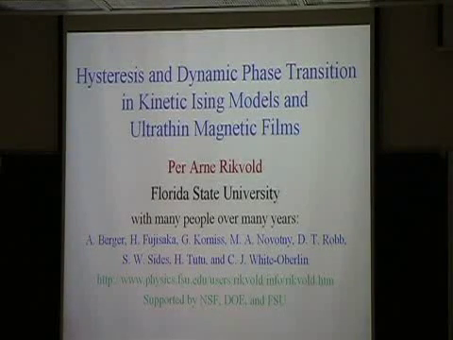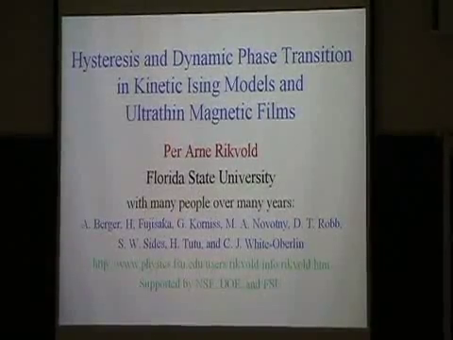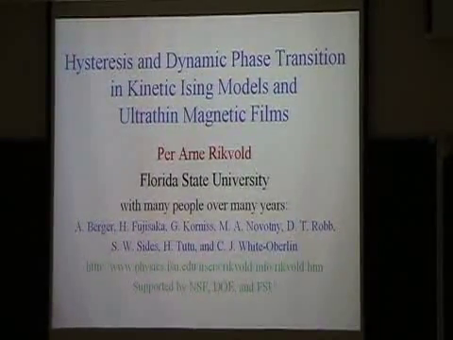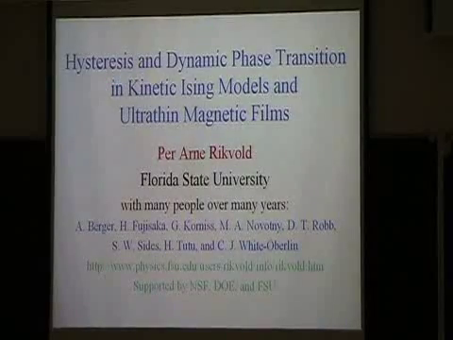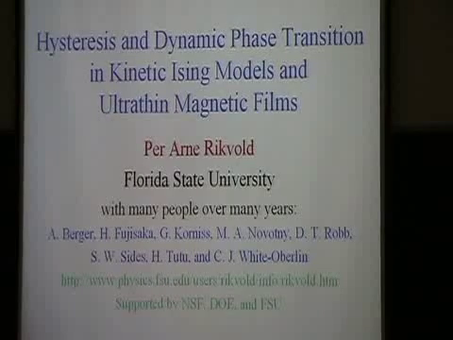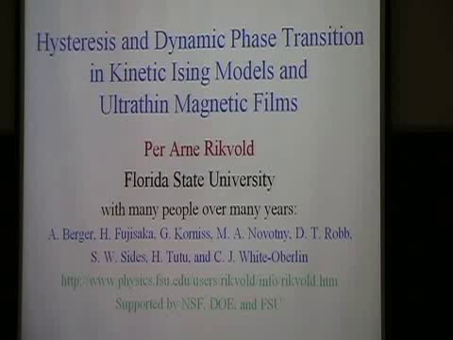Okay. So in the first two lectures I told you about metastability somewhat in general, but illustrated with Ising models. And then yesterday I told you a bit about my simple-minded views of magnetization switching.